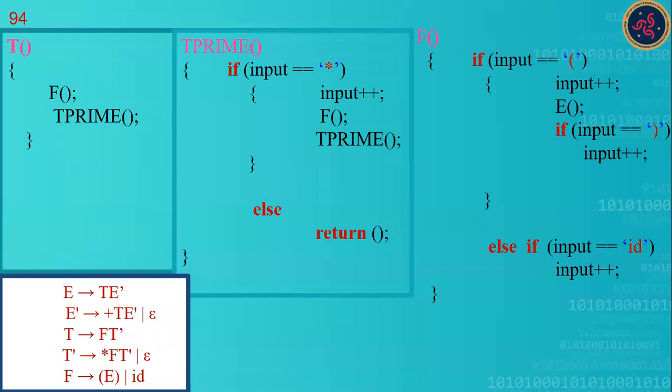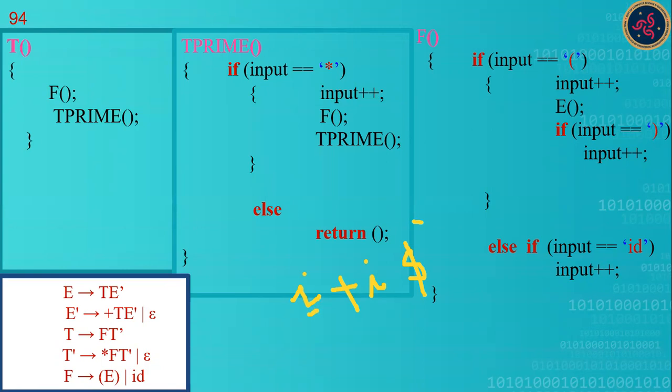Okay. So here inside the F, we are checking whether this input is equal to opening bracket. So what was my input? My input was just I plus I dollar symbol, right? So I'm checking whether my input is opening bracket. No, then it will go to the else part and we'll check whether it is an identifier. Yes, it is an identifier, right?